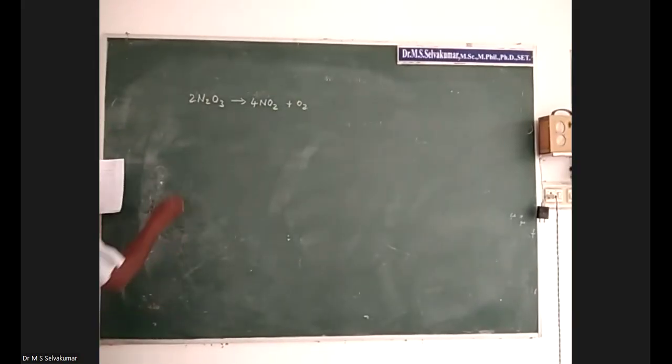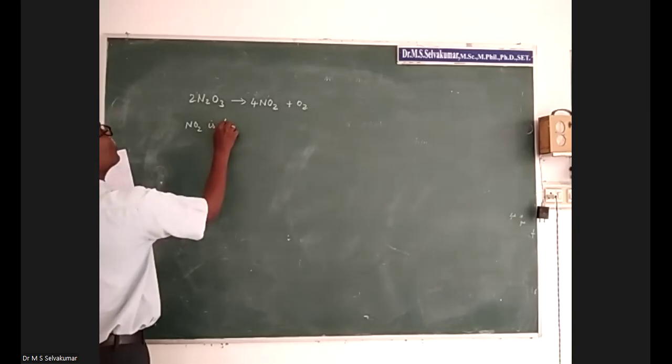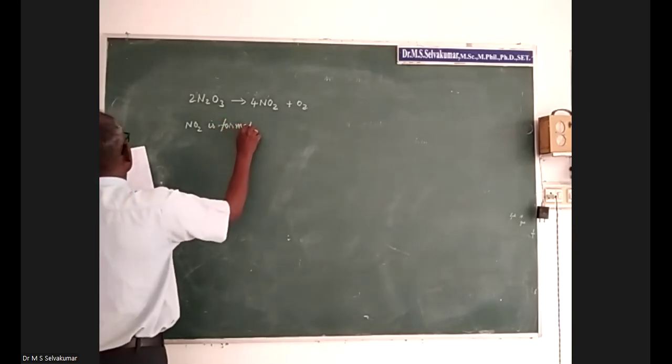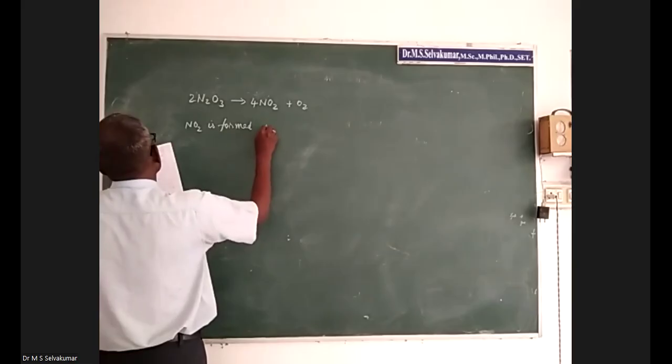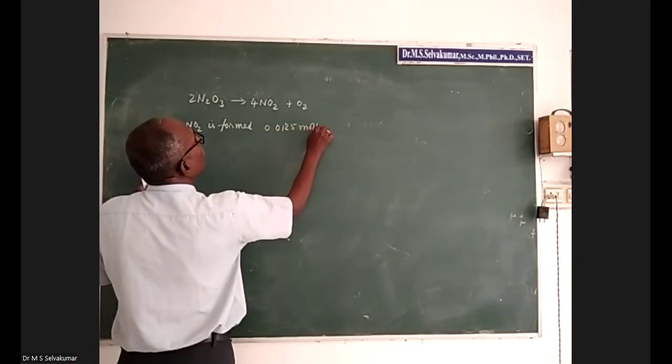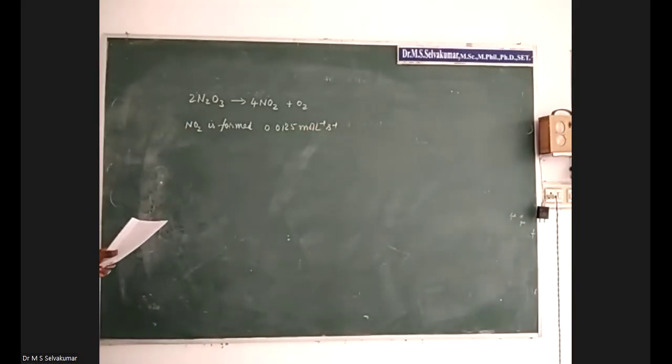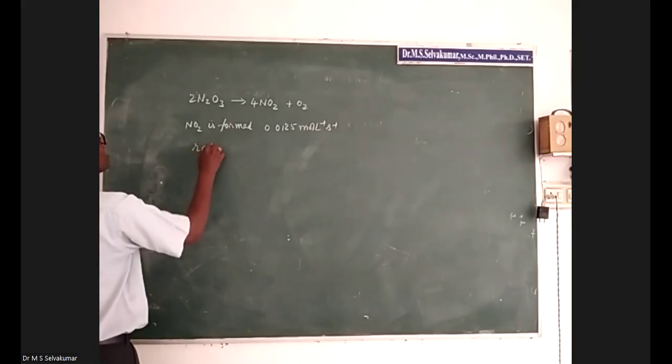In this reaction, NO2 is formed at a rate of 0.0125 mole per liter per second. The question is, what is the rate of the reaction?